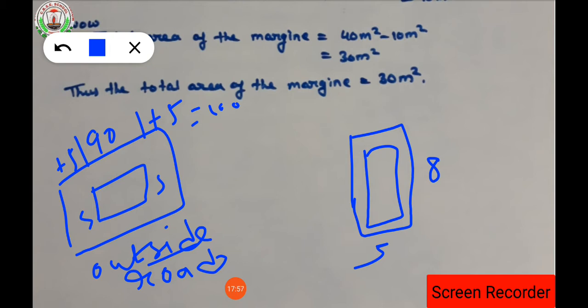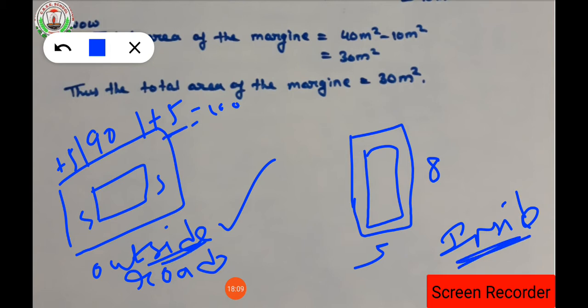Remember students, here we are talking about outside, here we are talking about inside. So whenever we are talking about outside we have to add, and when we are talking about inside, that margin path will be subtracted from the actual length of the picture. So that's why here 8 is subtracted with 1.5 plus 1.5. Clear why it is so?